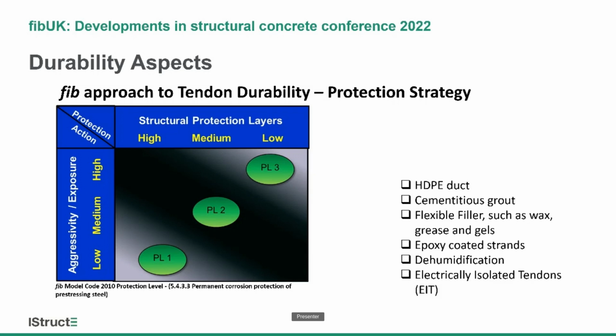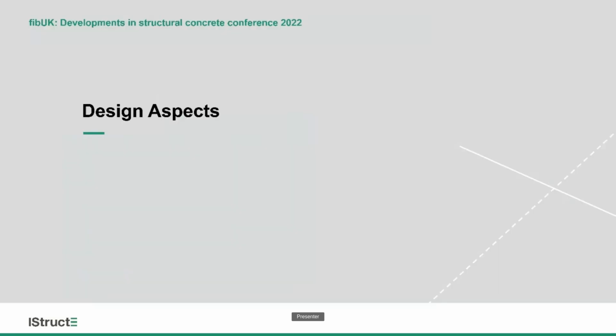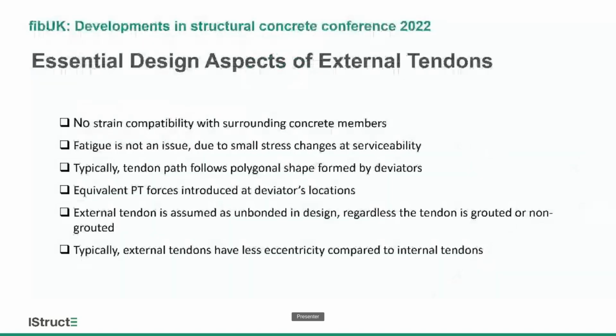And finally, all the external tendons are at least at protection level 2. So that is also considered in this technology, and is now a new standard, more or less, that is applied around the world.